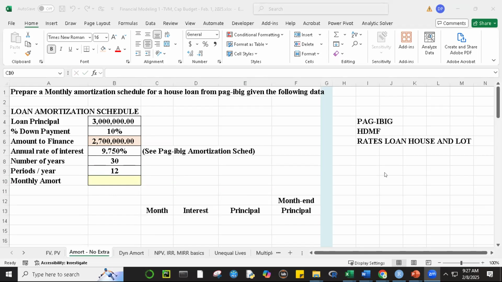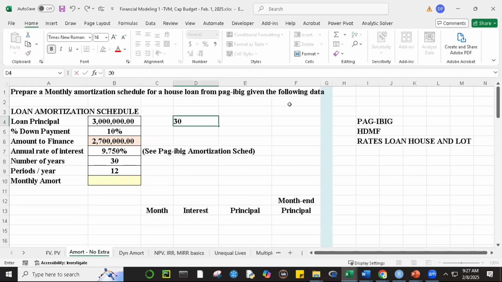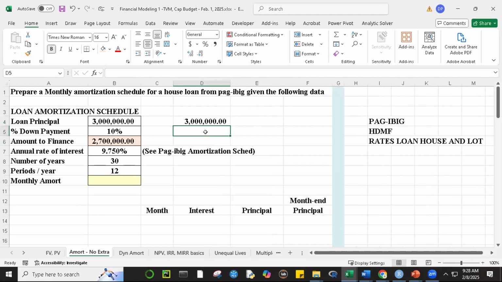There's a request for me to repeat how to compute the amount to finance. Okay, sige. So we wanted to loan 3 million. This is the amount that we want to loan. And in the computation of Pag-ibig, we're told that we can only borrow 2.7 million. It came from them.